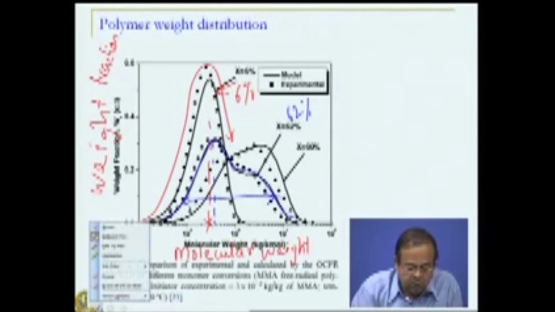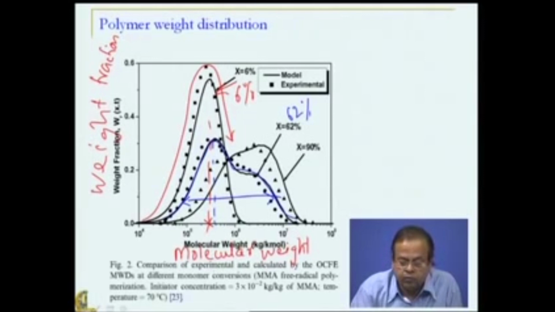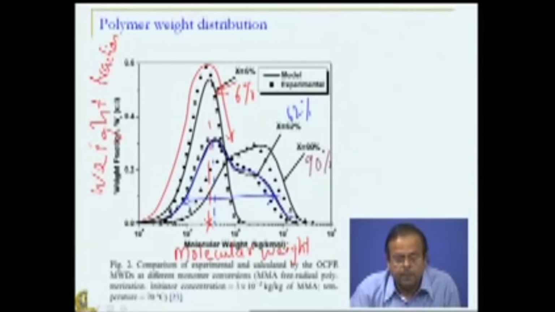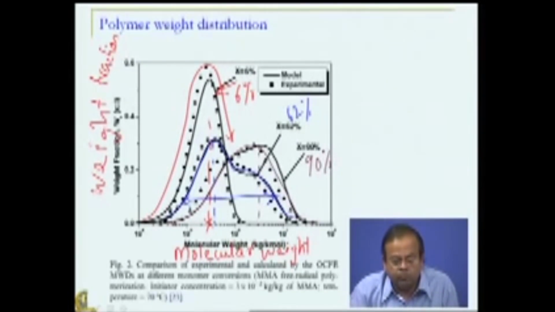Things change even more if you wait for 90% conversion of your monomer. Look at the distribution. Now the distribution is quite broad, and the segments with the maximum weight fraction are now of molecular weight between 10 raised to 6 and 10 raised to 7.